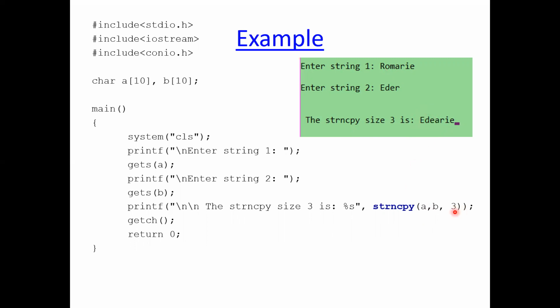If I make this 4, the first 4 letters here are Eder, E-D-E-R. So it will replace the first 4 letters here also, which are R-O-M-A. And the result here will be Ederry, with a double R here.